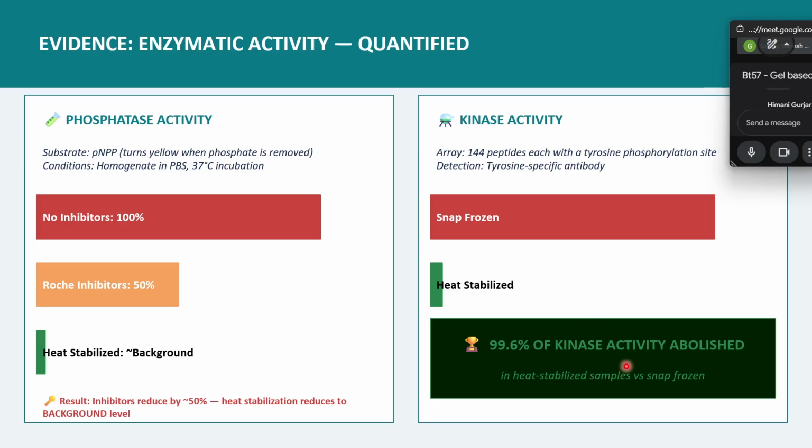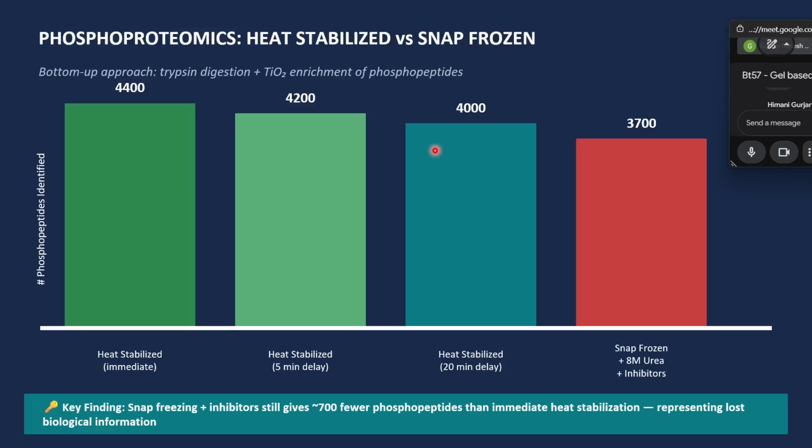As soon as you heat stabilize it, kinase activity was abolished completely. So it will not add phosphate to any of it, indicating that whatever proteins are there, they will not be changing. That's what heat stabilization will do, and it helps ensure that the proteins in the sample you are collecting are present in the exact same state.